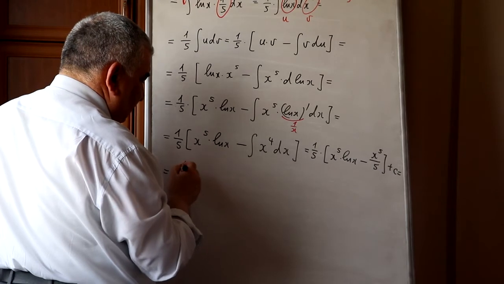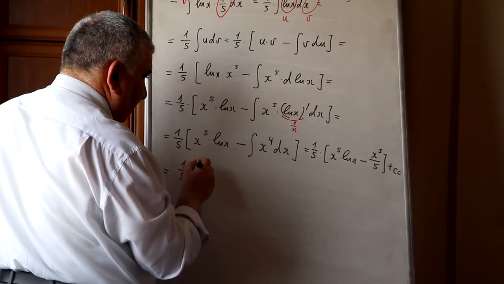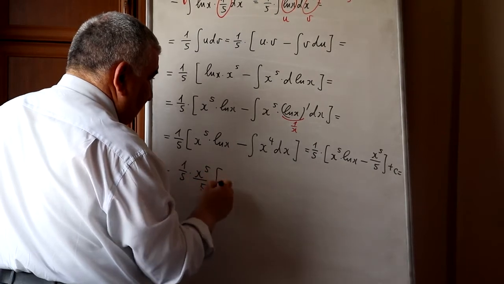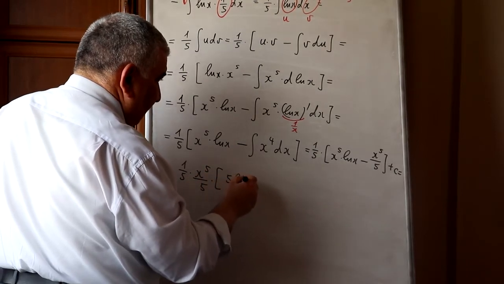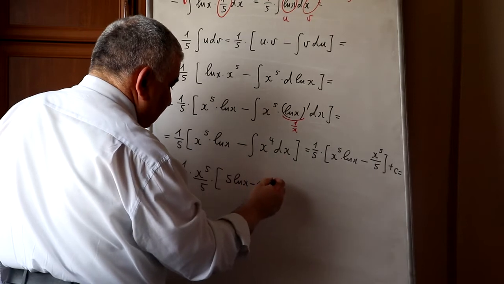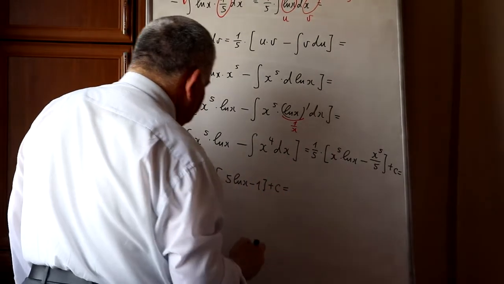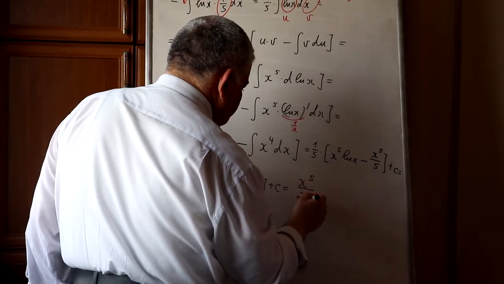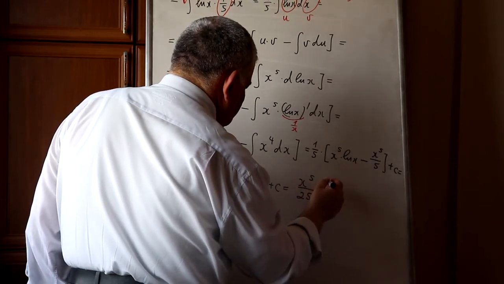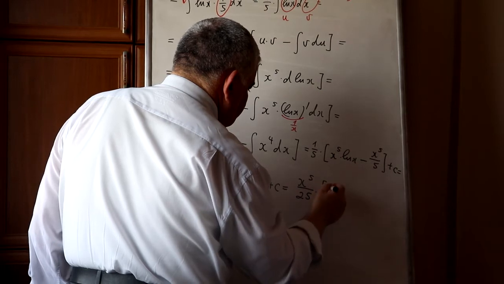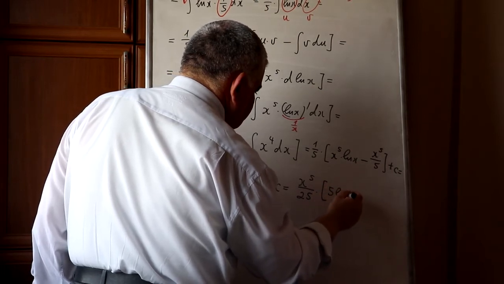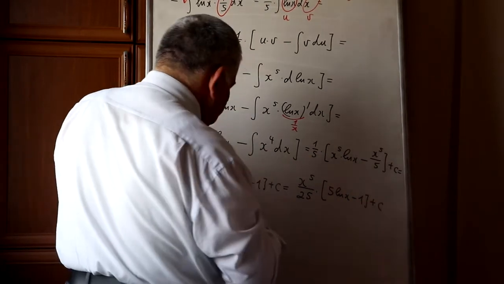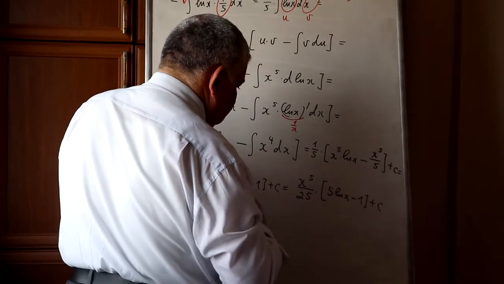Then we will have 1/5 multiplied by x to the 5 over 5 multiplied by 5 natural log of x minus 1, plus c. And finally we'll have x to the 5 over 25 multiplied by 5 natural log of x minus 1, plus c. It is the answer of the second example.